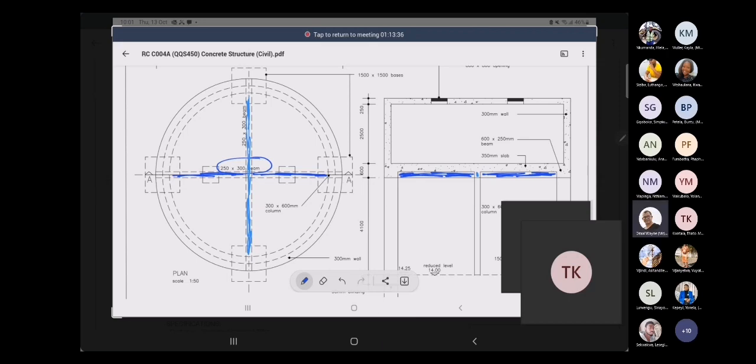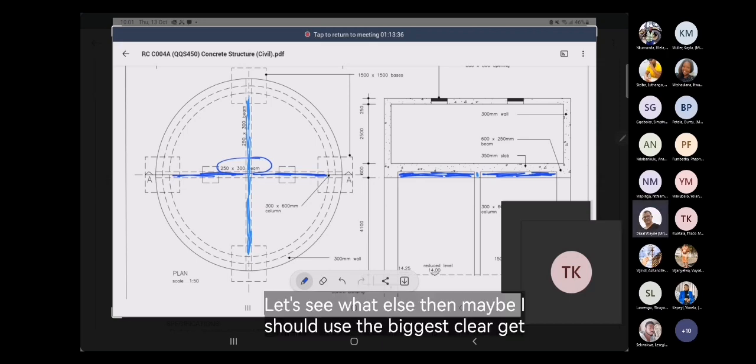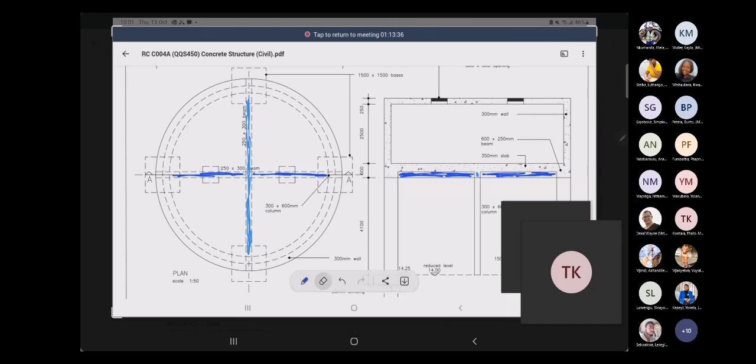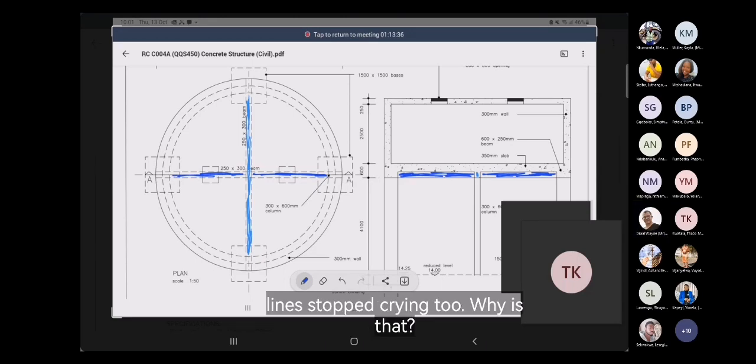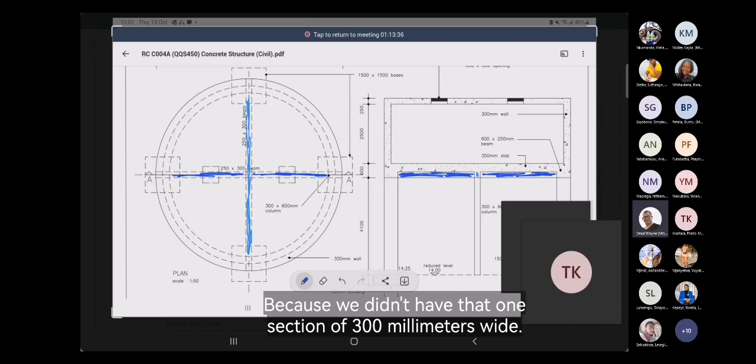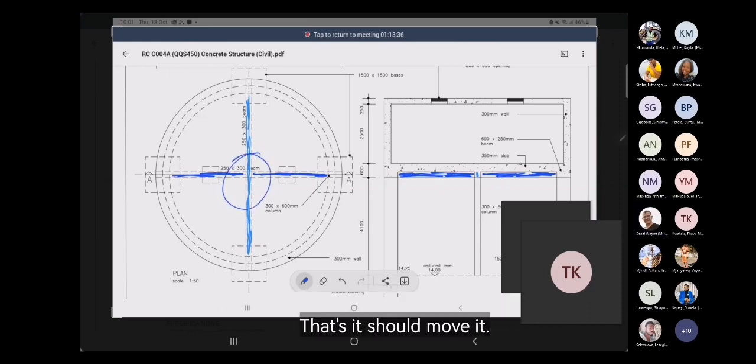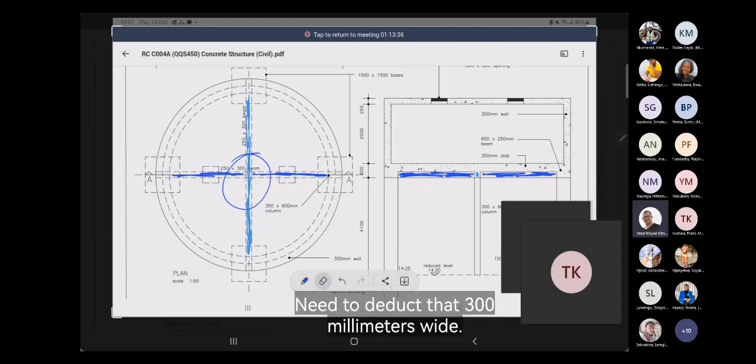Okay. It goes through there. You see what I've done? Can you see what I've done? The light blue line goes all the way through, the darker blue line stops prior to. Why is that? Because we need to deduct that one section of 300 millimeters wide. That section over there. We need to deduct that 300 millimeters wide.